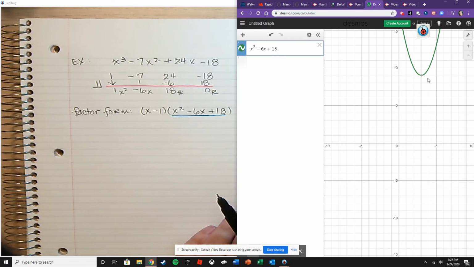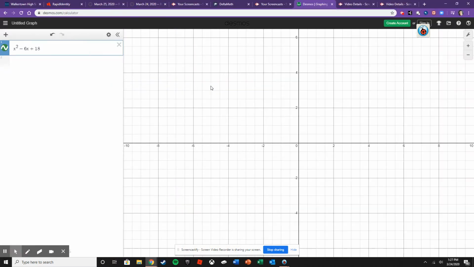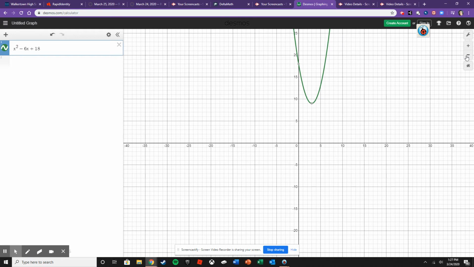Now look what I've got here. I've got a problem, okay? This quadratic does not cross the x-axis, okay? So if I zoom out, now that I've opened my screen back up, which means I'm not going to be able to factor this, which means it's factored completely, which means now I have to solve it. And I'm going to have to solve it using the quadratic formula.